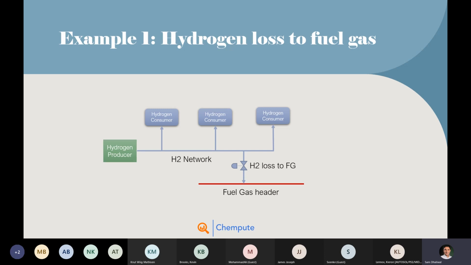Now, with advanced process control, we know that this particular type of situation is very well suited for APC, because you would operate this hydrogen plant APC at a very high frequency of, let's say, every 20 seconds, which means that the hydrogen network pressure is being monitored very frequently, and you have the possibility of acting quickly and reducing these losses of hydrogen to fuel gas.